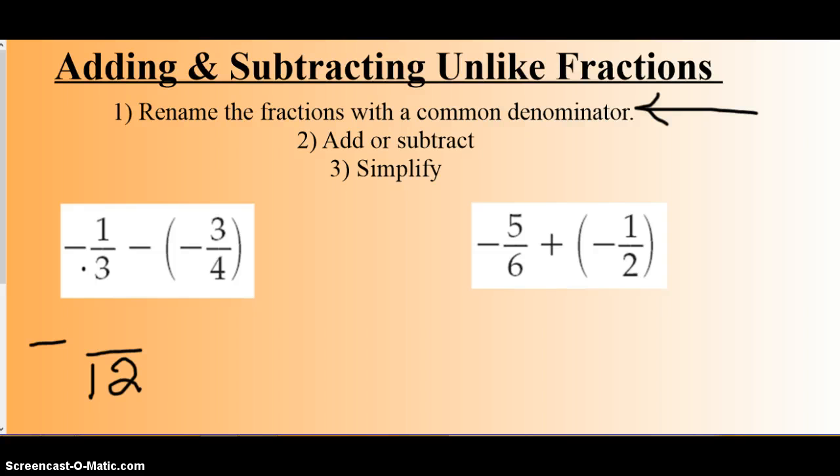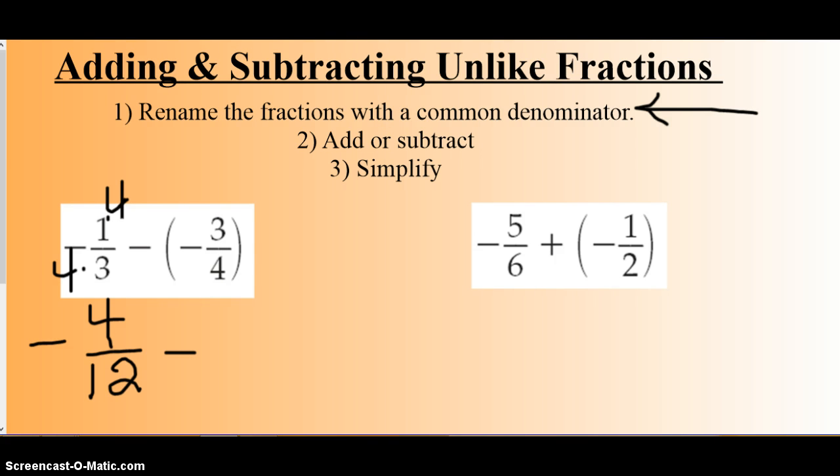By multiplying. We multiplied by 4. So if you multiply 3 times 4, you get 12. That means you have to multiply this 1 right here by 4. So we multiply by 4 here to get to a new numerator of 4. So again, 4 times 3 is 12. 1 times 4 is 4. That's where those numbers come from.